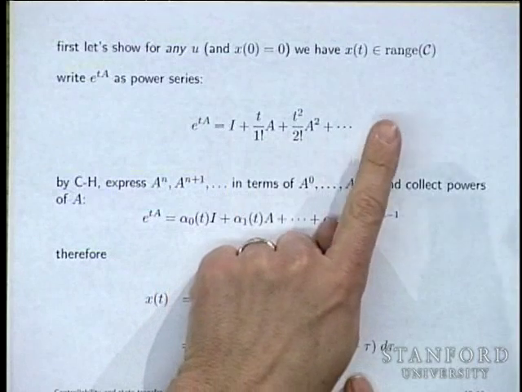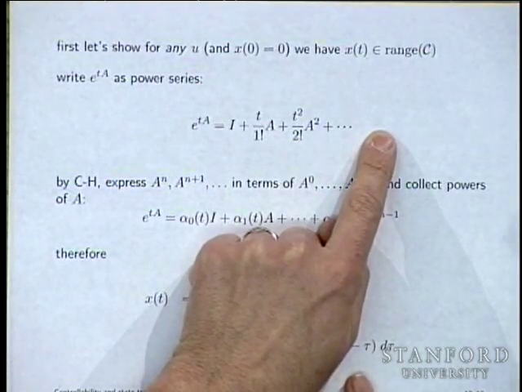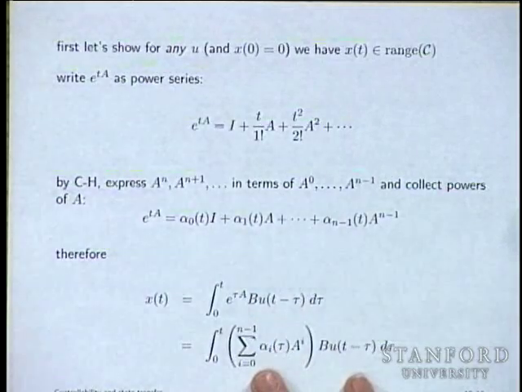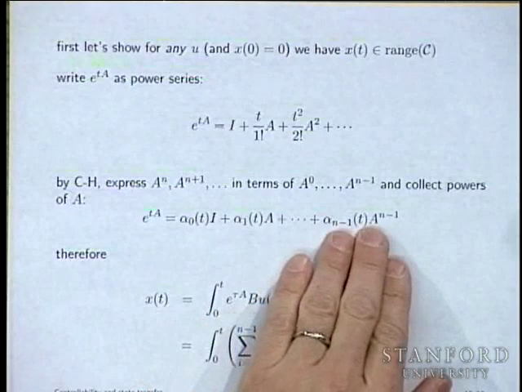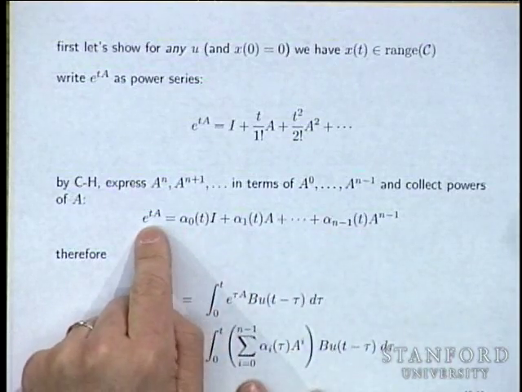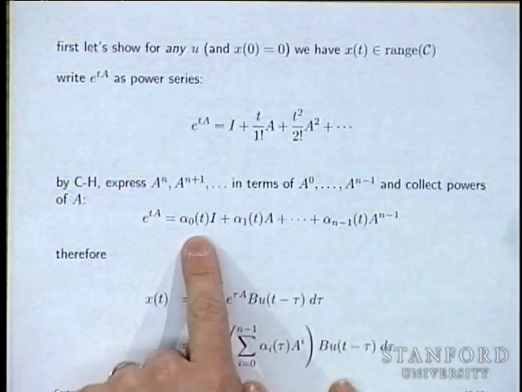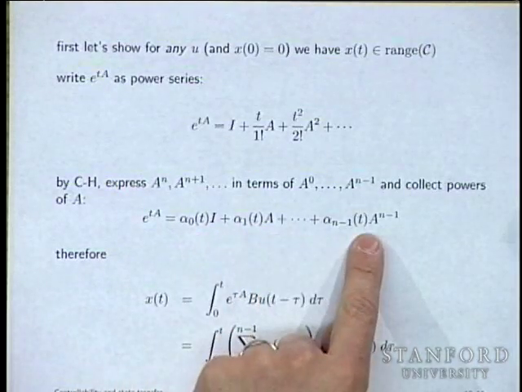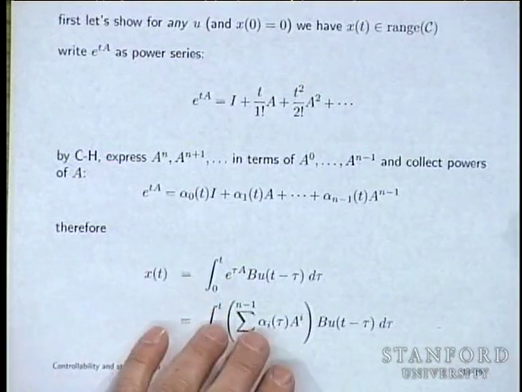But I can use the Cayley-Hamilton theorem to back substitute powers of A starting at n, n plus 1, and so on, in terms of smaller powers of A. And I'll end up with this. It says that e^(tA) is for sure, for any t, a polynomial in I, A, up to A^(n-1), period. It's a polynomial of A, of degree less than n.